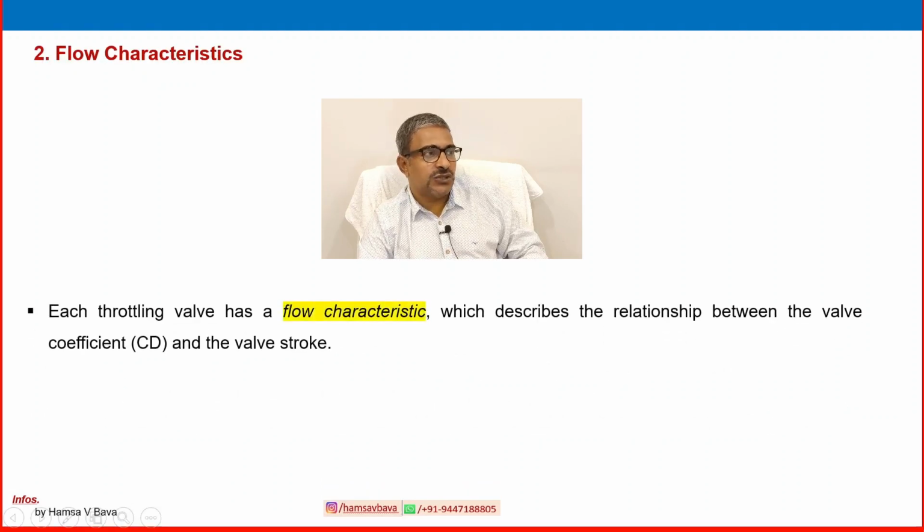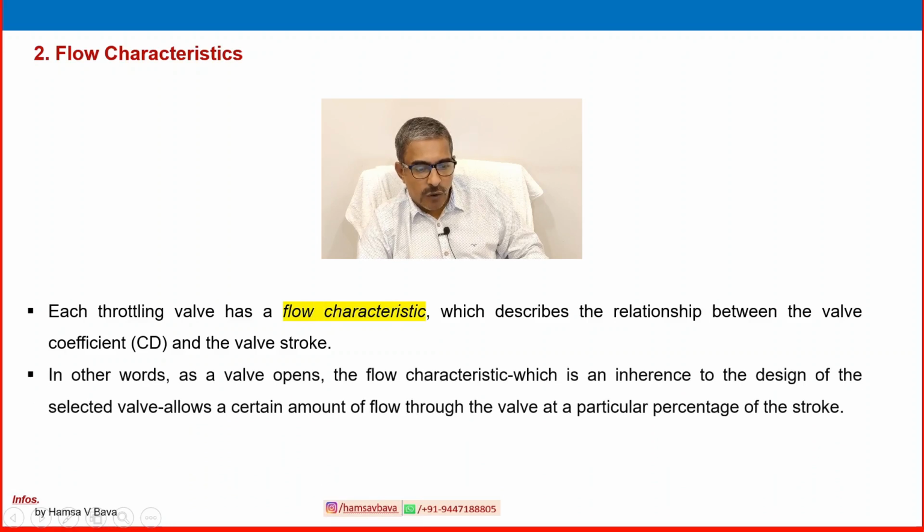The second criterion for valve selection is flow characteristics. Let us see how the flow characteristics are discussed. Each throttling valve, mainly a control valve, has a flow characteristic which describes the relationship between the valve coefficient CV and the valve stroke. In other words, as a valve opens, the flow characteristic, which is inherent to the design of the selected valve, allows a certain amount of flow through the valve at a particular percentage of stroke.